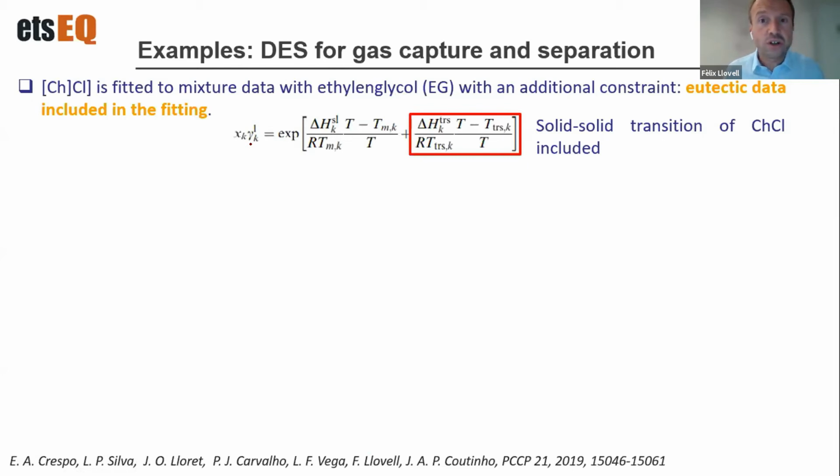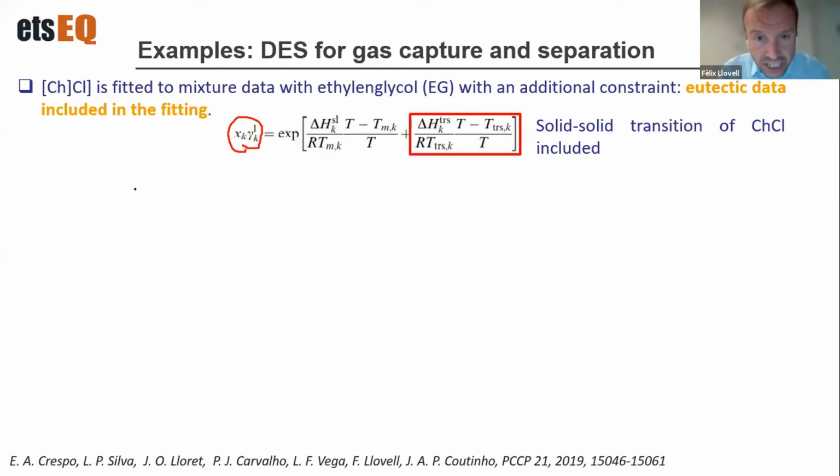And an additional constraint was included: the eutectic data in the fitting. That means the solid-liquid equilibrium line was used to estimate the activity coefficient, so to estimate the molecular parameters that were providing the right activity coefficient.